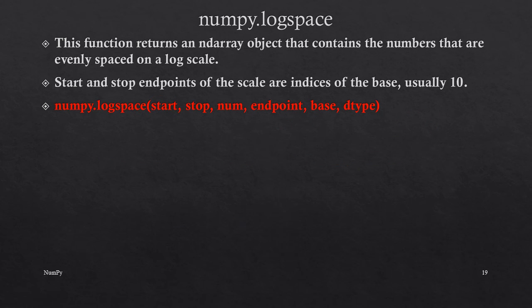Next is another method, logspace. This function also returns an n-dimensional array object that contains numbers that are evenly spaced on a log scale. Start and stop endpoints of the scale are indices of the base, usually 10.